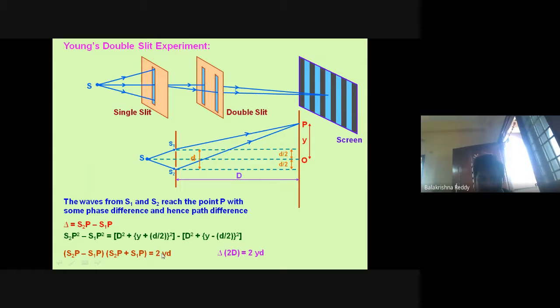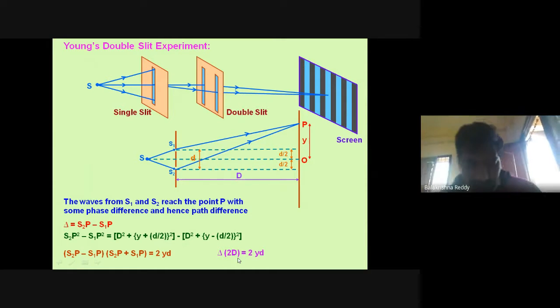So I can write that the change, or the distance, 2 times d is equal to 2 into yd. Here this condition is applicable. That is, approximately this gap distance, S1P is approximately equal to D, and S2P is also approximately equal to D, if I consider, then I can write delta into 2D.